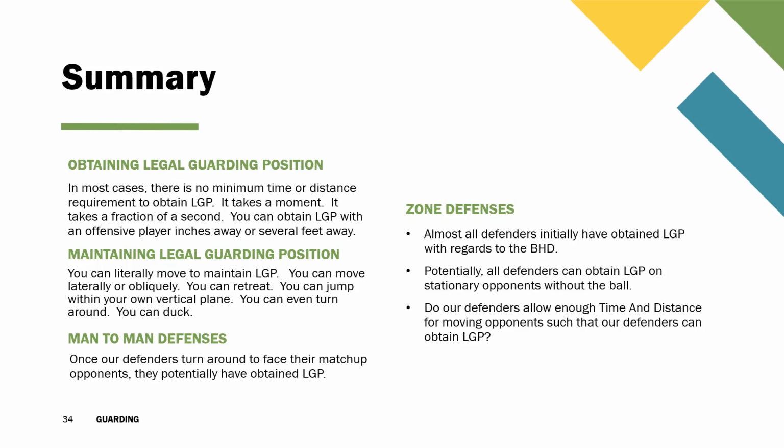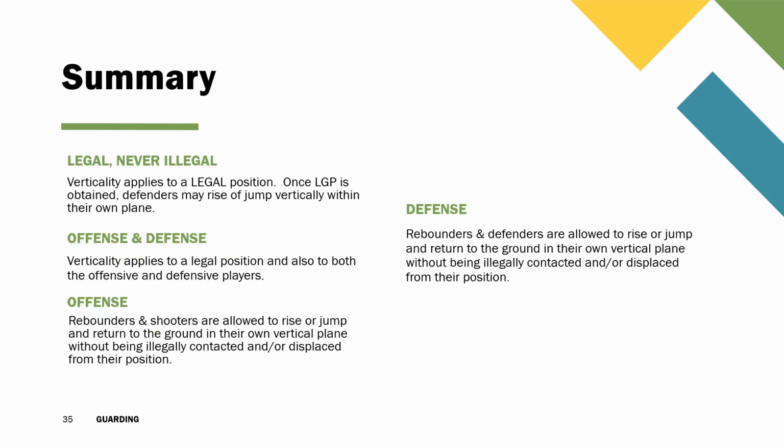When we are able to understand when a defender has attained legal guarding position and has legally maintained it, again, our call percentages as officials go way up. We spend a great deal of time understanding verticality. Verticality is a legal position. It is never illegal. It applies to both offensive and defensive players: rebounders, shooters, defenders.